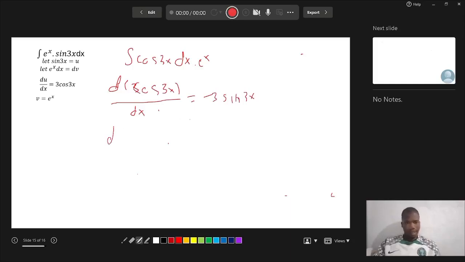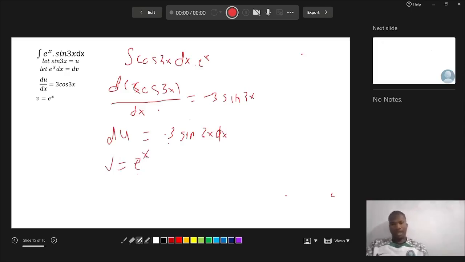Then we say du is equal to negative 3 sine 3x multiplied by dx, right? Then you say that the value of v is equal to e to the power x.